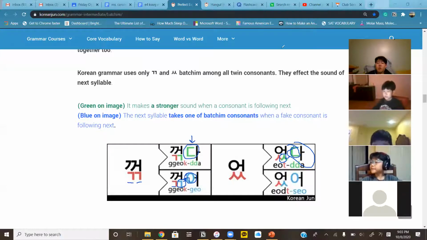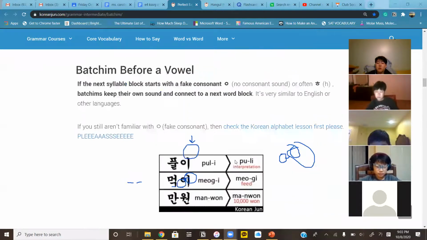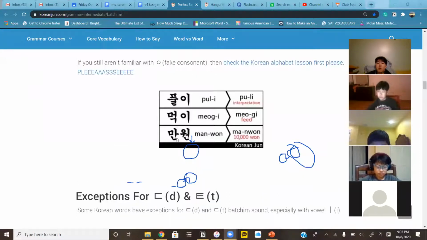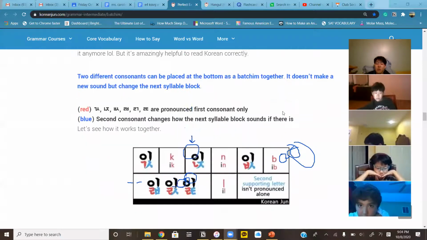Do you remember, sorry for the annotations, how the nieun goes over here and it's pronounced manwon, even though it's spelled like this? The nieun has influence over this because the ieung is a fake consonant. Same with here. That's how you spell it, but you pronounce it differently, because the rieul right here has influence over this. Really confusing, but we can explain this next week and it'll be much easier.